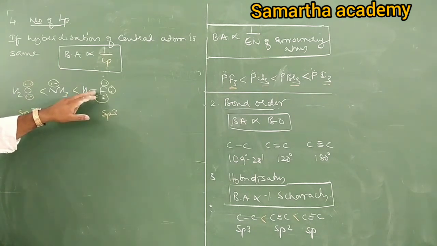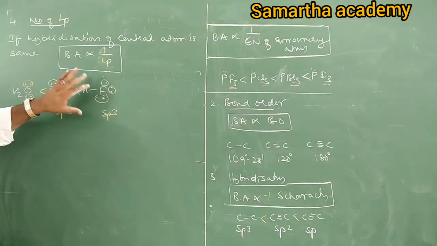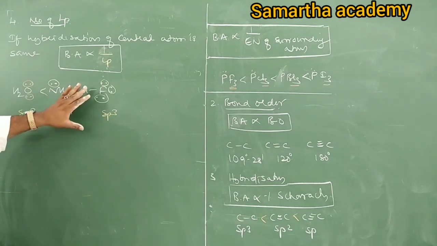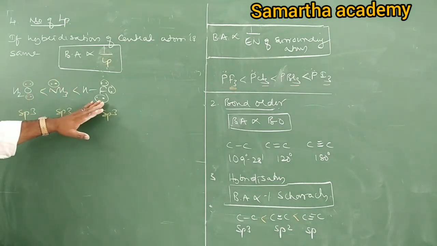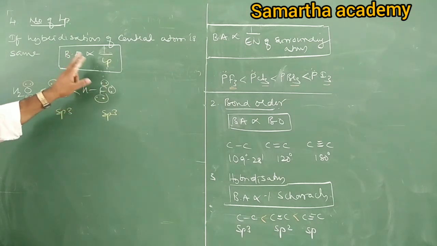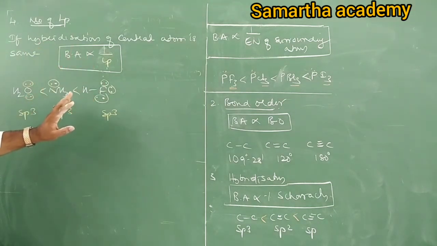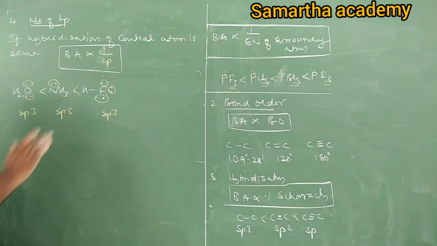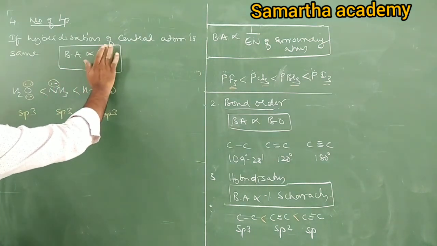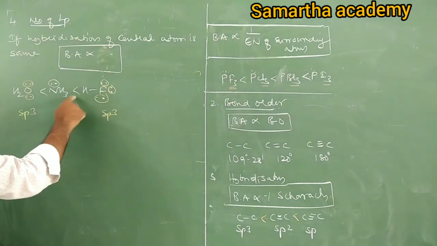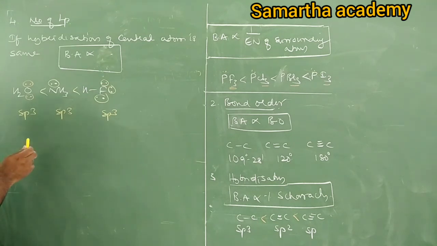This molecule is nearly linear, but not exactly linear. It has some repulsions. So is bond angle inversely proportional to lone pairs? No, I think directly. More lone pairs, more bond angle, no?